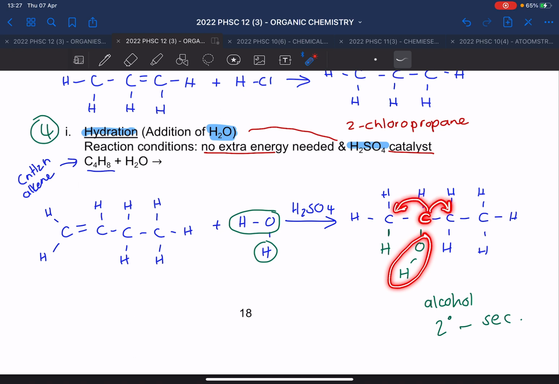Yes. Not because it's second. If it was on this one, it would have also been secondary. So it's a secondary alcohol because the carbon attached to the OH is attached to 2 other carbons. Secondary, 2 carbons. If the OH was here, then it would have been a primary alcohol because then the carbon attached to the OH is attached to 1 carbon.